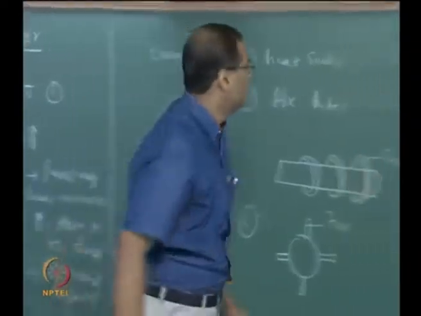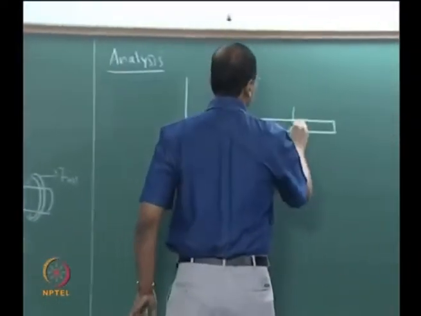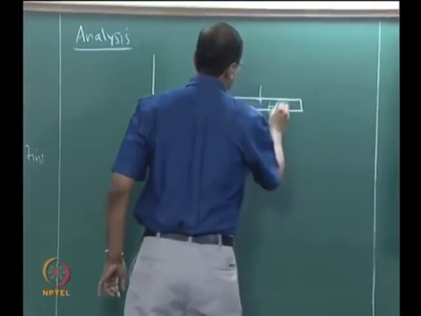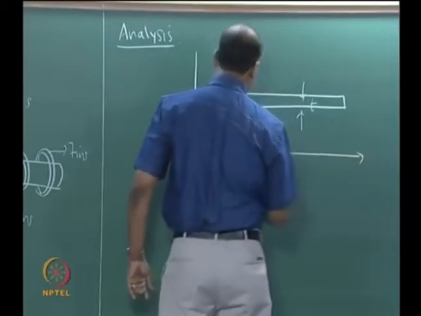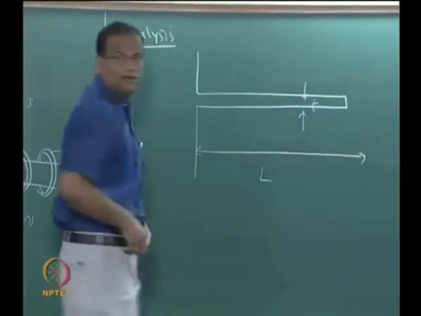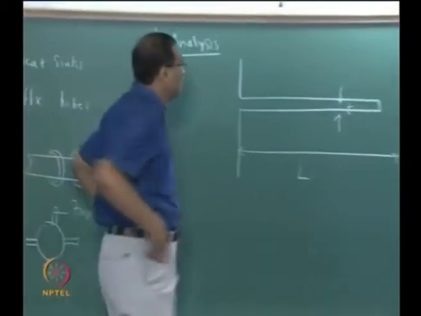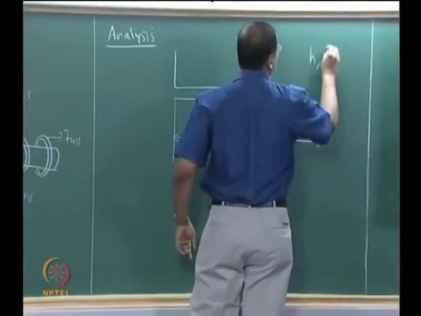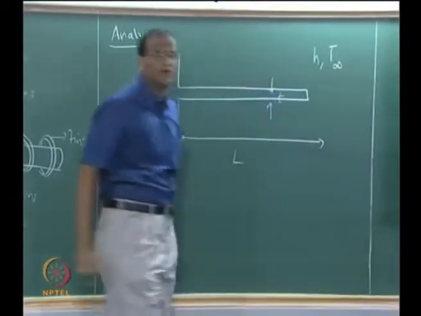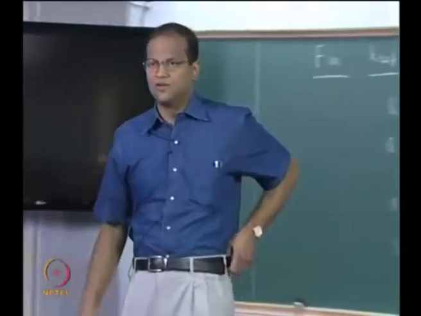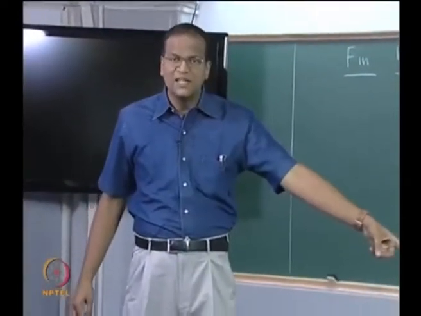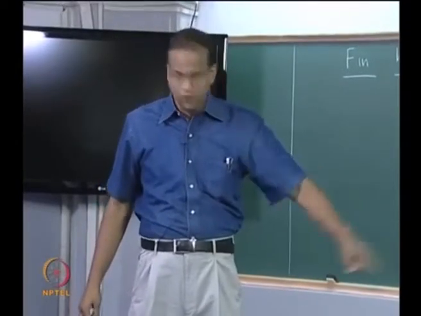Okay, so I can say that this is T, length is L, right. Now the heat transfer coefficient is h and the ambient temperature is T infinity. The heat transfer coefficient can be because of natural convection or forced convection. In this case, for the heat sink, it will be because of forced convection.